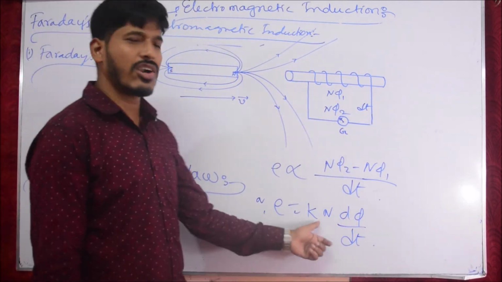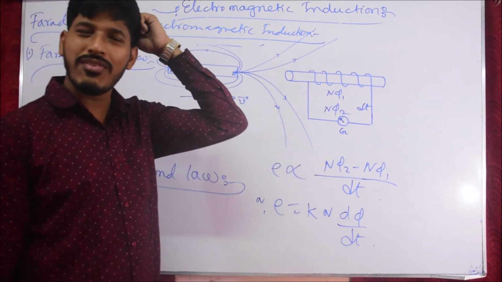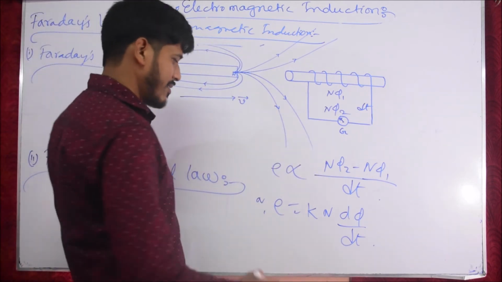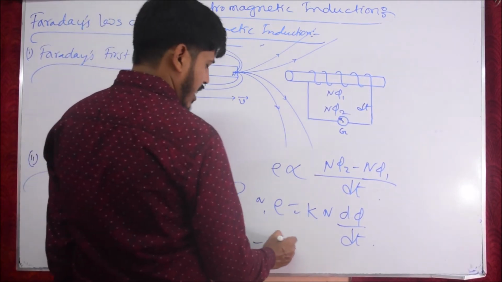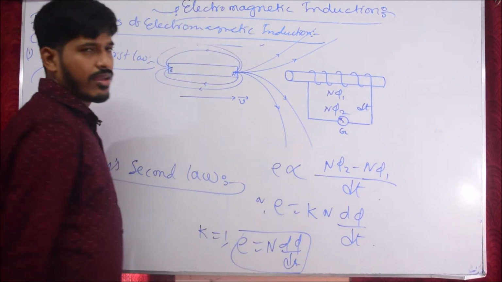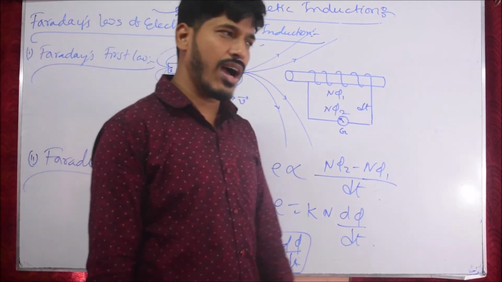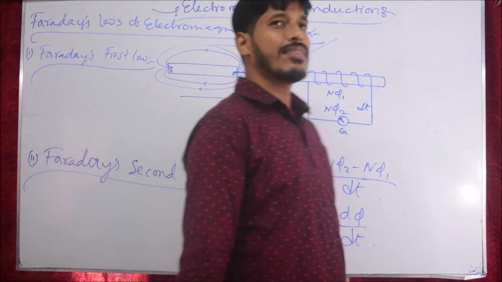K is a constant of proportionality, and I will take it outside. Phi2 minus phi1 is d phi by dt. K is equal to 1, so E is equal to N d phi by dt. This is your second law.